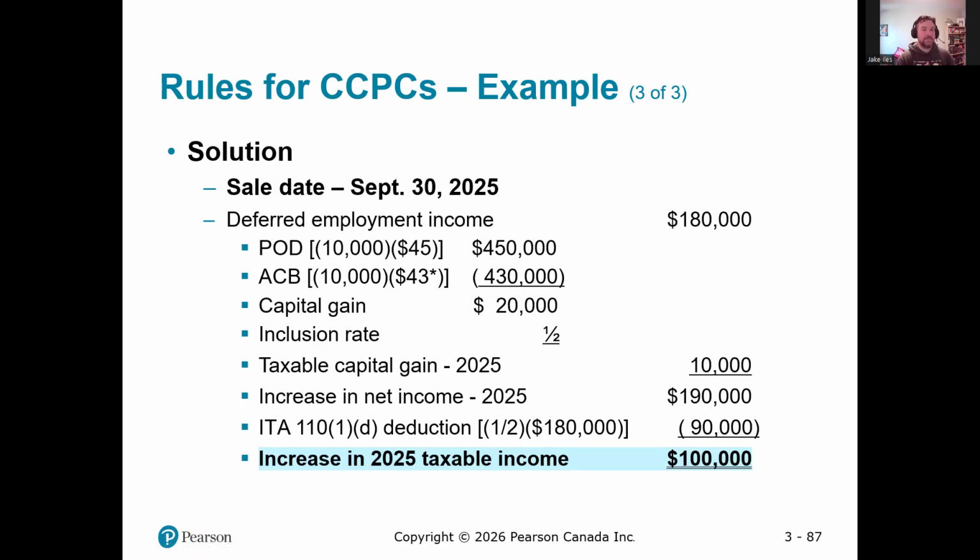Now, because it's a CCPC, it's all happening in 2025. That's when we sold the shares. So inclusion rate half, we have the $180,000, $10,000 from our taxable capital gain. Total income is $190,000, but we do get the deduction because the option price was equal to or more than the fair market value.